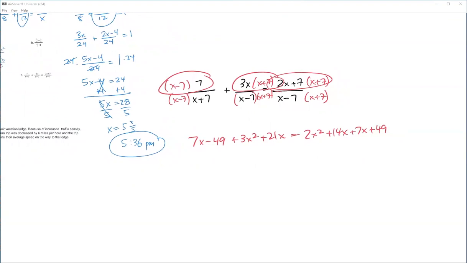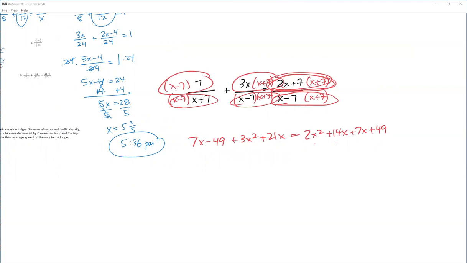No, I'm multiplying. So this I'm kind of ignoring. I'm ignoring everything here. I'm just multiplying this top part right here. 2x times x is 2x squared, 2x times 7, and yeah. So again, once I get the common denominator, I can kind of ignore the denominator altogether, and just use the numerator to solve for x.